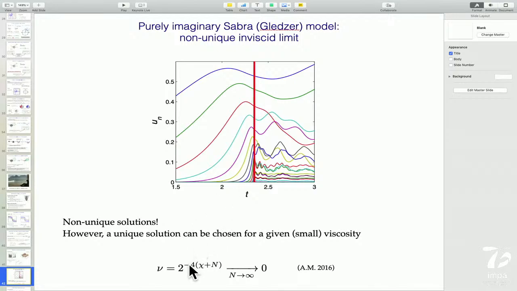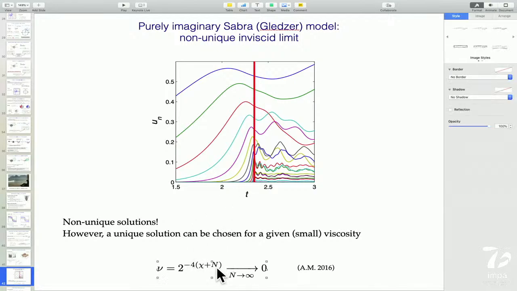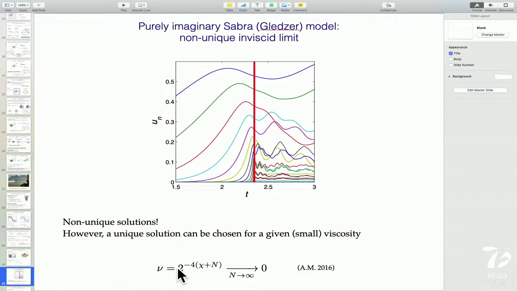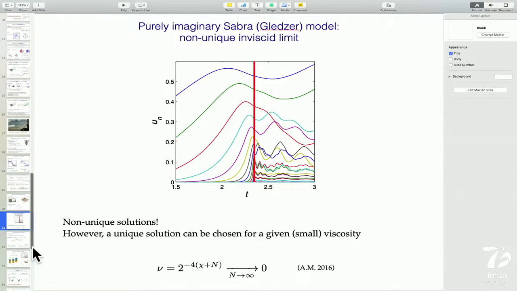You take another viscosity with larger n, so it will be much smaller, but you will see exactly the same picture. It will converge. But this sequence depends on a parameter, psi, which is between 0 and 1. So different parameters will give different limits.